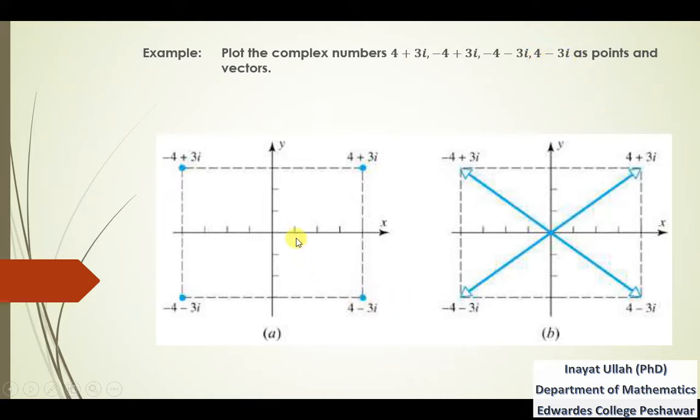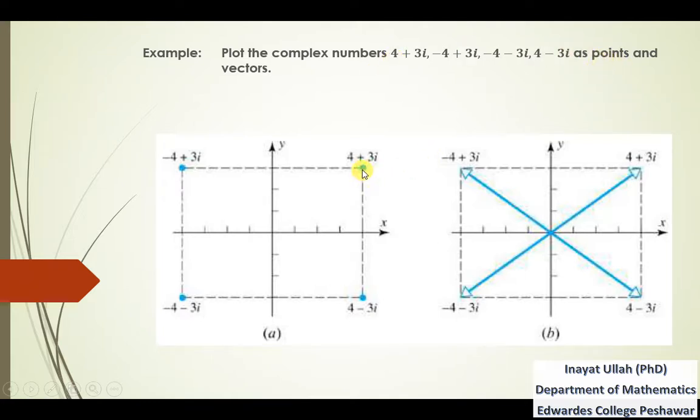Along the x-axis we take 4 positive units, 1, 2, 3, 4, and y is minus 3, so minus 1, minus 2, minus 3. Producing these two gives 4 minus 3 iota. So that is the plot of these 4 complex numbers as points.